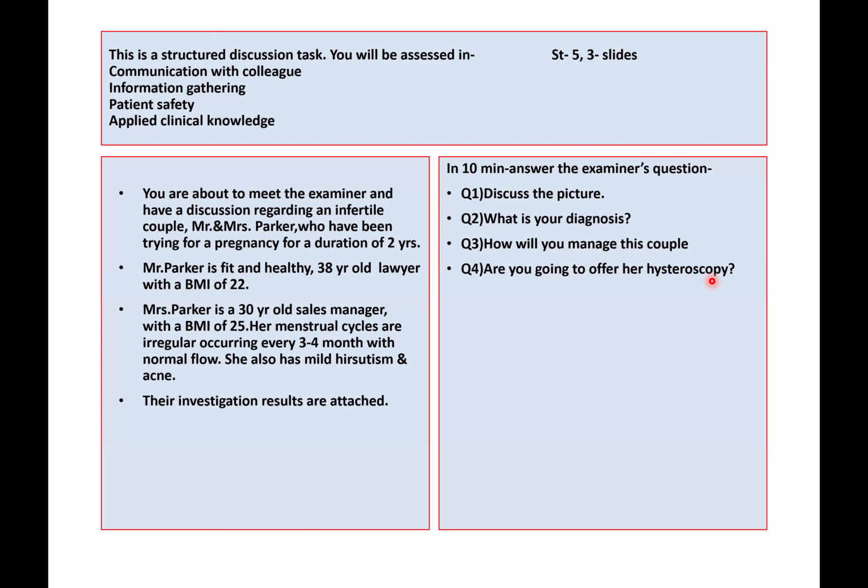But if a septum is there, a mild septum is also not responsible for her fertility. But if it is a thick septum and a full septum, then that can be a cause. However, the evidence doesn't say that removal improves the fertility.